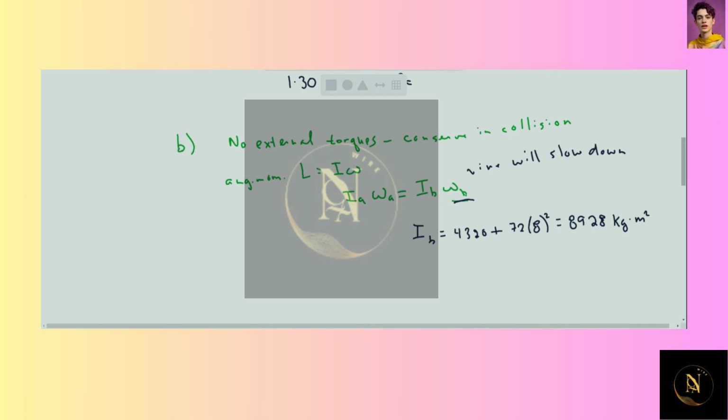Okay, and we can put all this together. Omega B then is our initial moment of inertia times our initial angular speed, divided by our new moment of inertia, which is almost twice what it was before. And the unit should be radians per second.